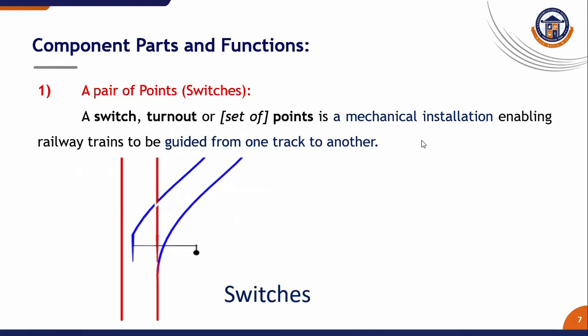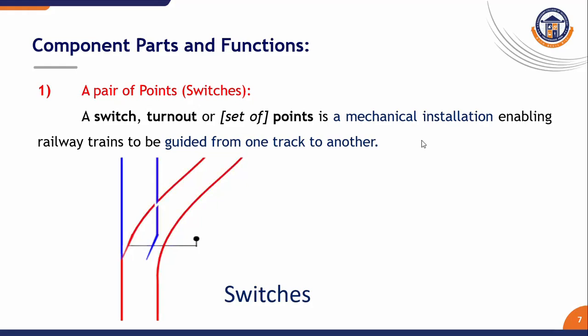One more, the component parts and functions: a pair of points switches. A switch turnout or set of points is a mechanical installation enabling railway trains to be guided from one track to another. You see in this simulation figure the top side and the bottom side. If it goes to the top side, you see that the blue tick mark is shown on the bottom side when the switches are on.